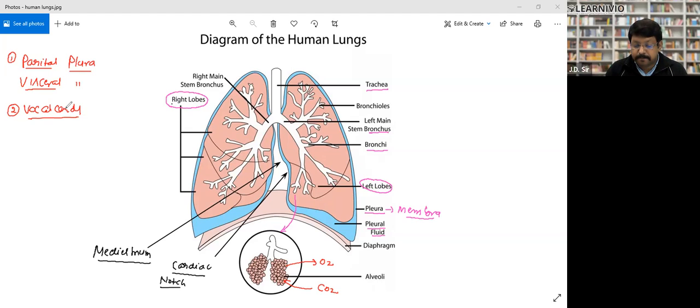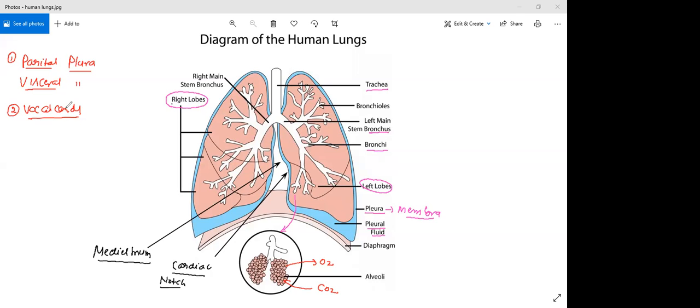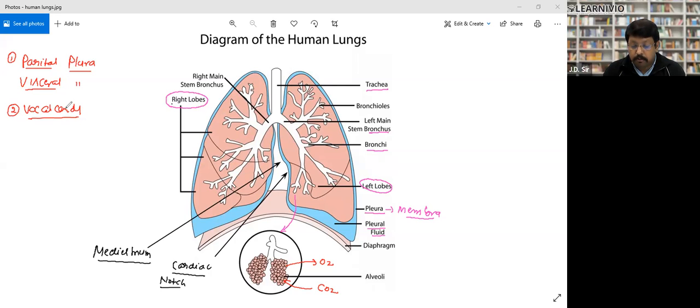These are two pairs of folds of mucous membrane that extend into the lumen of the larynx. Full stop.